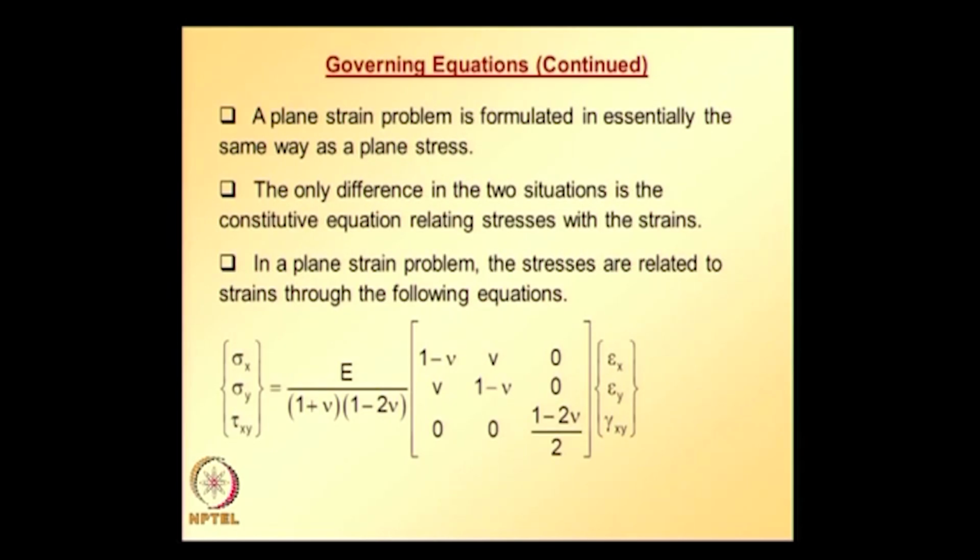This can be compactly written as sigma is equal to C subscript epsilon times epsilon, where C subscript epsilon is the constitutive matrix for the plane strain case. So, whatever equations we derived for the plane stress case can be easily transformed into the corresponding equations for the plane strain case using a simple transformation.